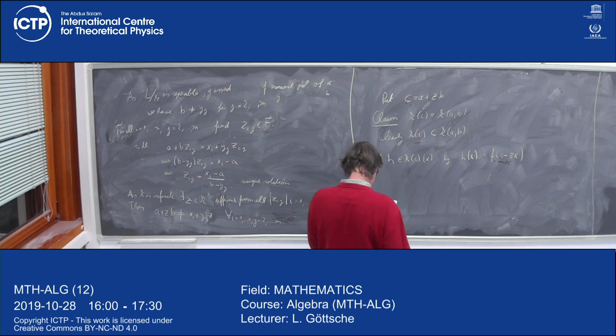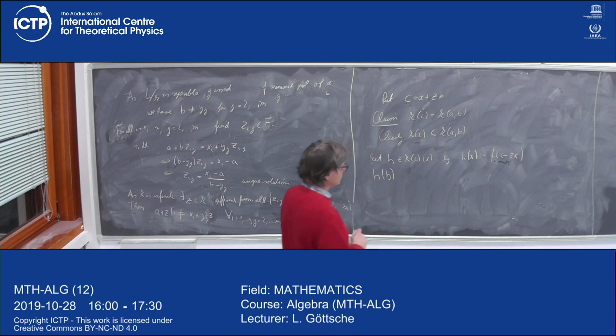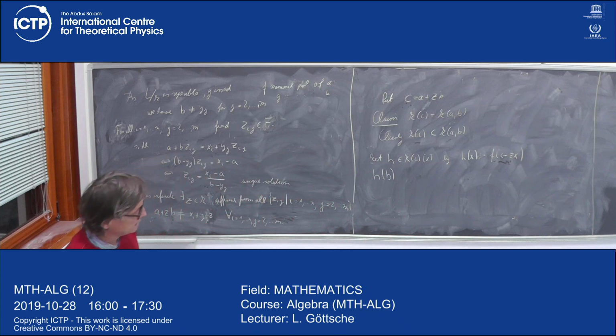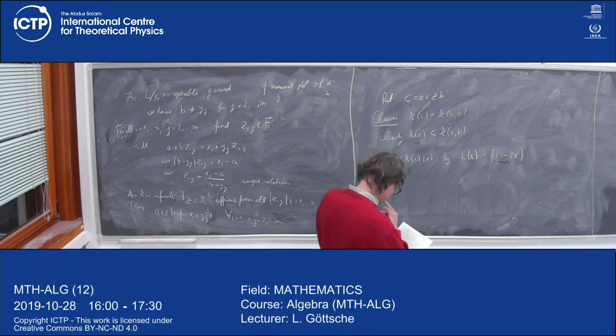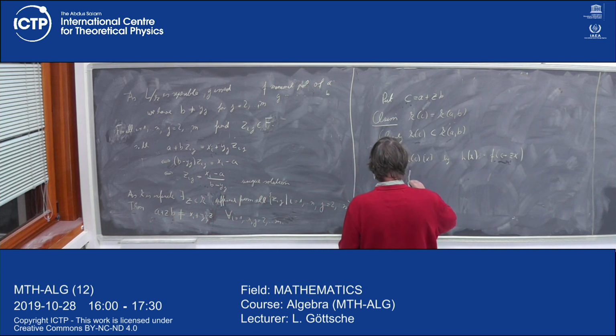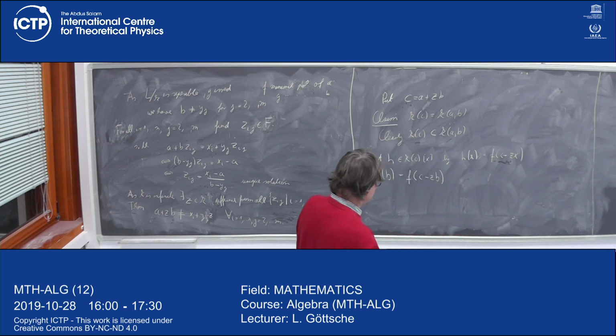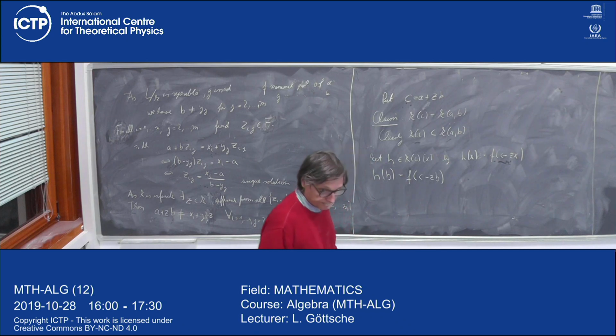So let's first see what is h of b. Just compute h of b. Somehow the trick is done in such a way that h of b will be equal to 0. So this is f of c minus z b, by definition.